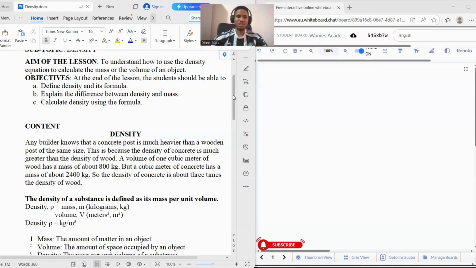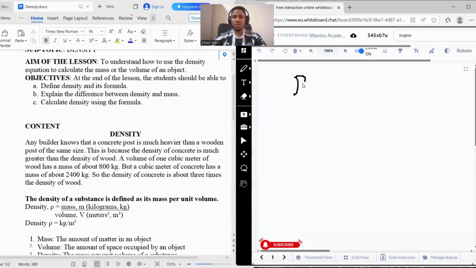So what is density? We can define density of a substance as mass per unit volume. What does that mean? That means the mass of the substance per the volume of that substance. That is what we call density. Density is represented by the symbol rho, which is mass over volume.